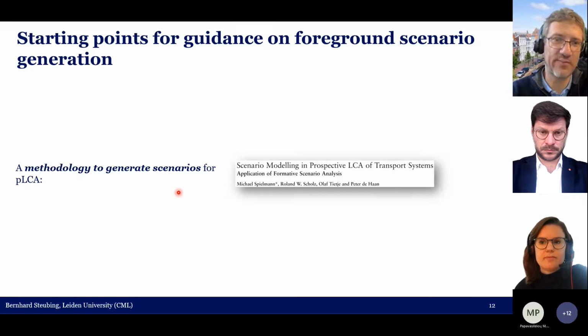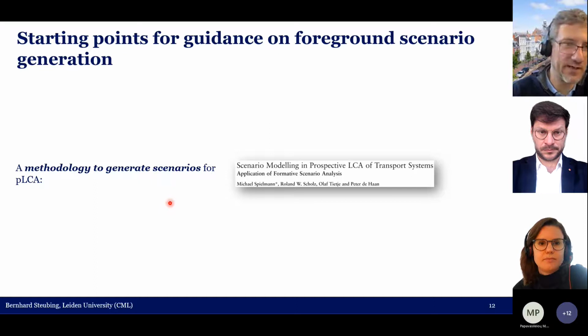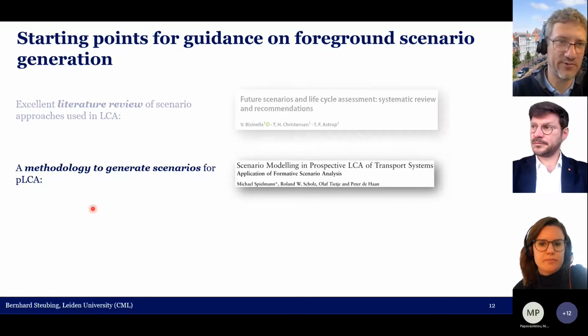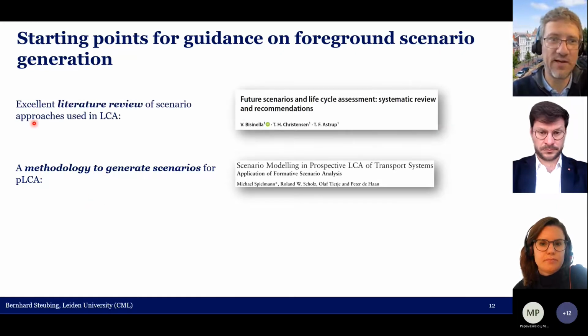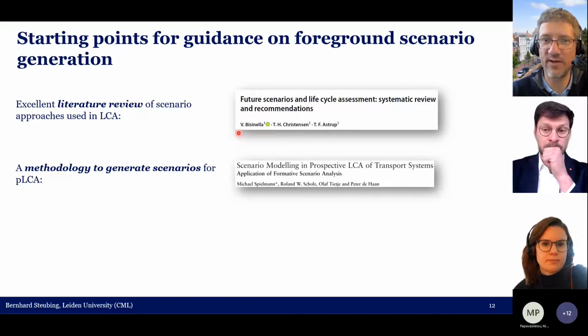That's a good method, although it needed some improvements, and we tried to simplify a few things in our approach. Also highly recommended is a literature review on scenario approaches in LCA by Valentina Bisinella.